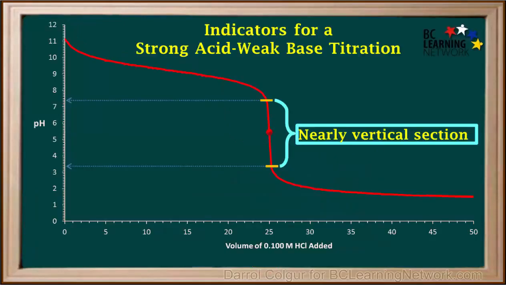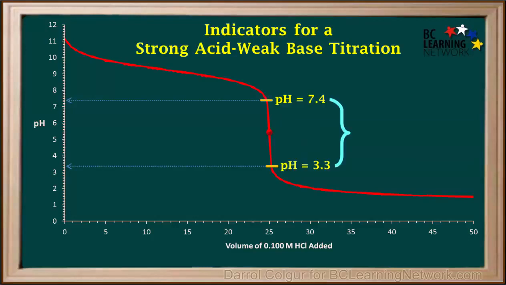Even though methyl red is the best indicator for this titration, any indicator which changes color on the nearly vertical section of this graph would work very well. So that would include any indicator with a transition point pH somewhere between 3.3 and 7.4.